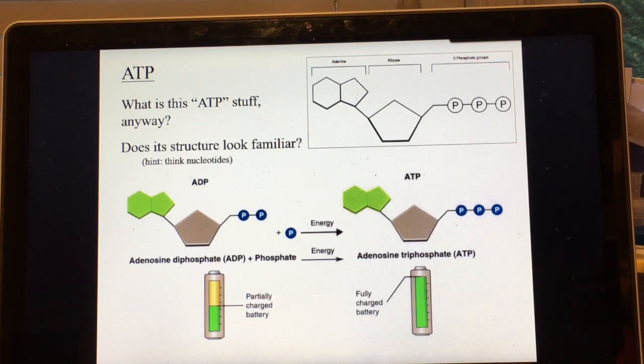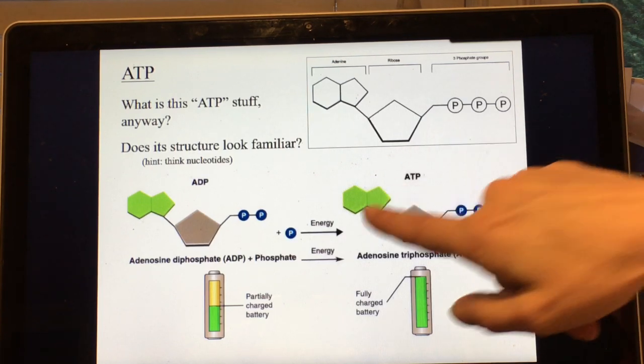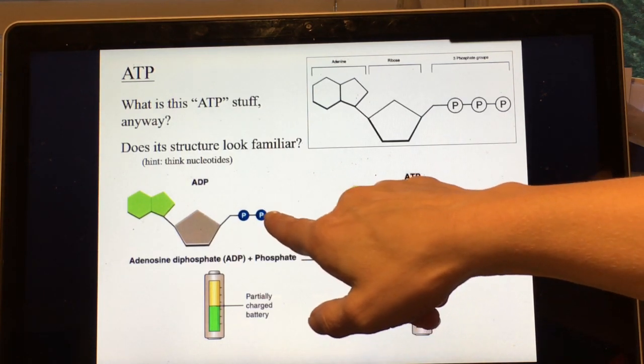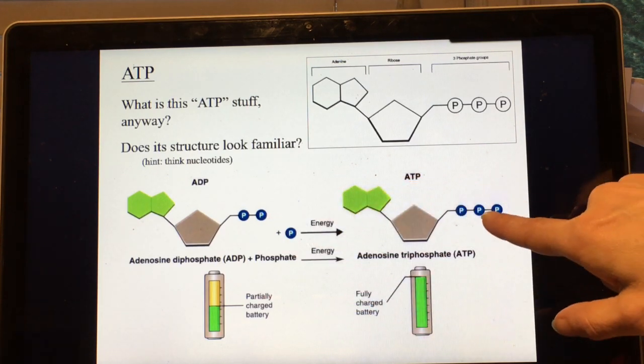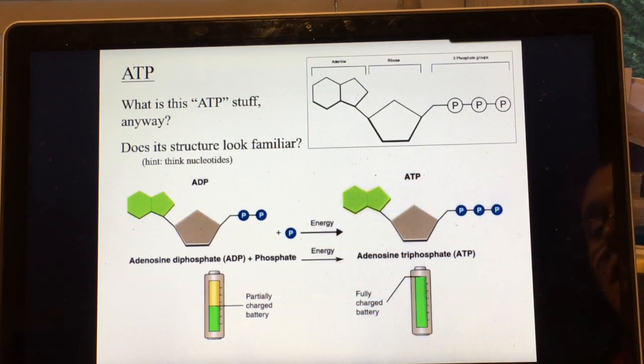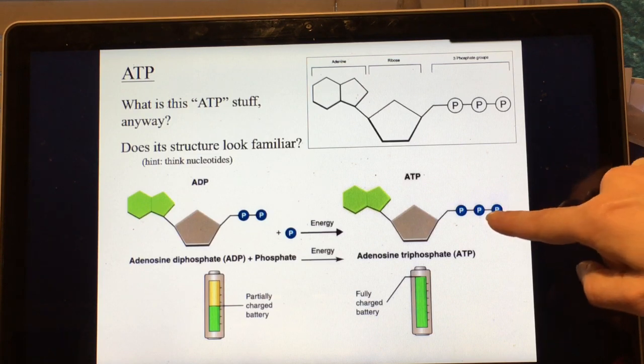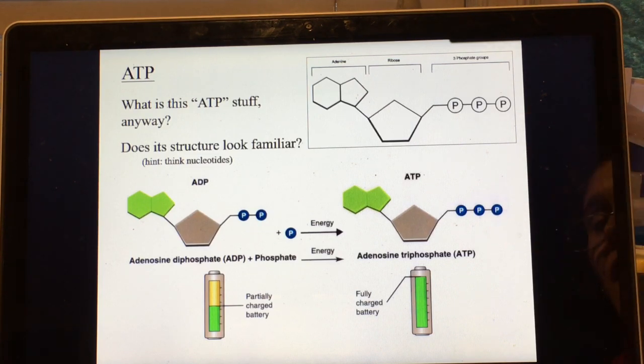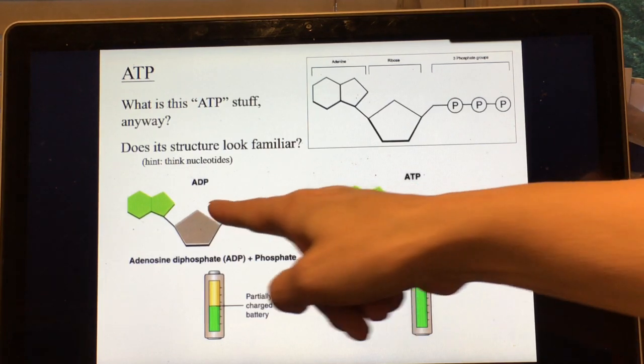But in cells, there's this constant recycling between ADP and ATP. If there's energy that has been harvested, that 3rd phosphate can be added back to ADP to make ATP. And whenever work is done in a cell, ATP is used up. The 3rd phosphate is usually stuck onto a molecule to give it energy to do something, and then you have ADP back.